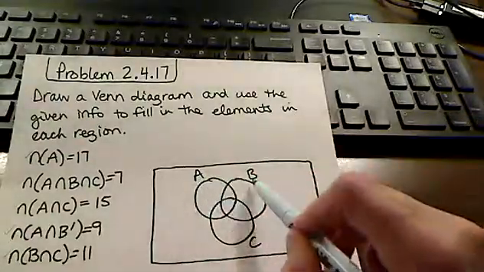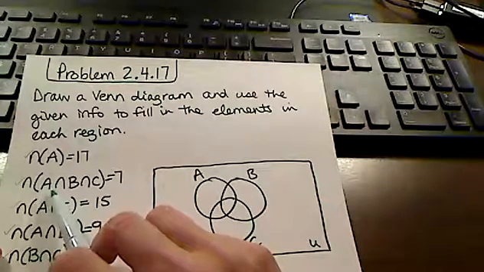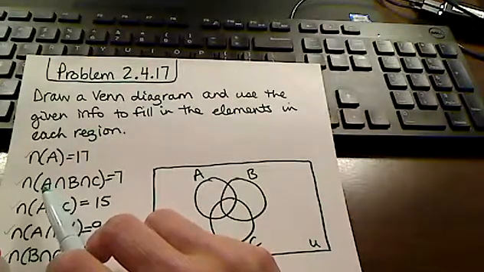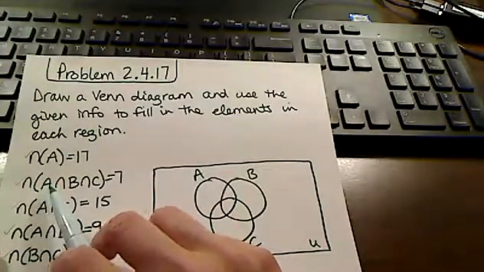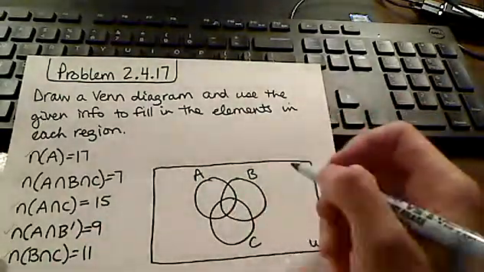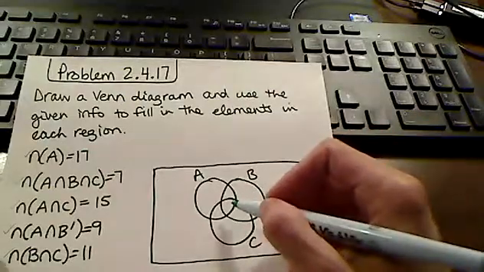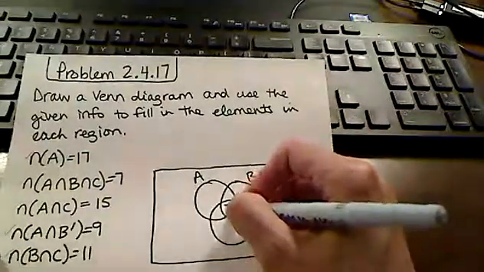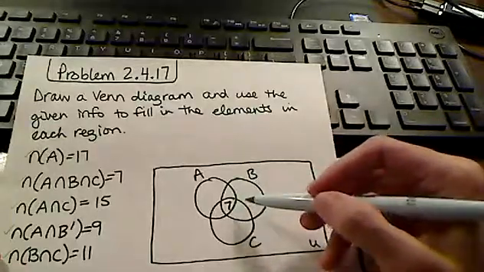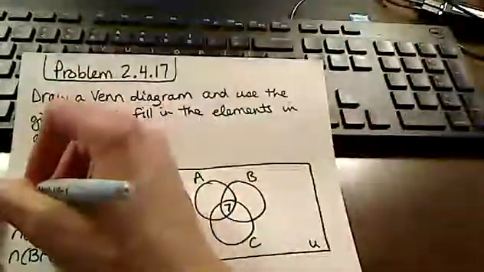I'm just labeling my sets here, A, B, and C. And notice right here it says the number of elements in the intersection of A, B, and C is 7. That region is right here. If we're looking for intersection, we're looking for what region they share in common. And the region that all three of these share in common is right there. So that will be 7. Okay, so we can check that off.